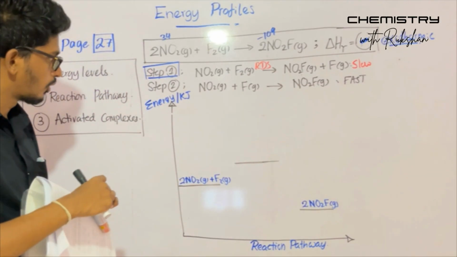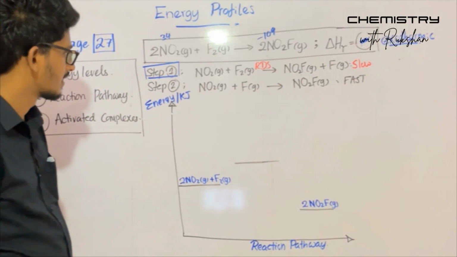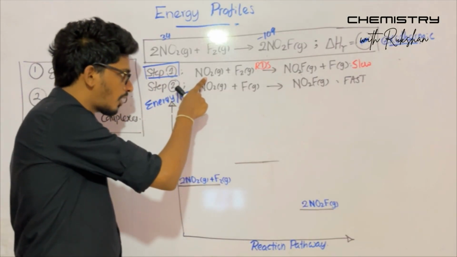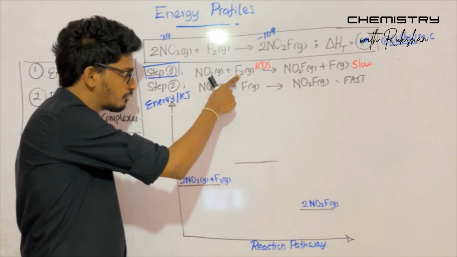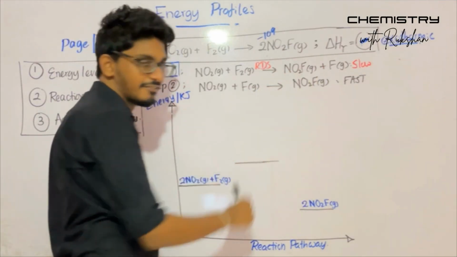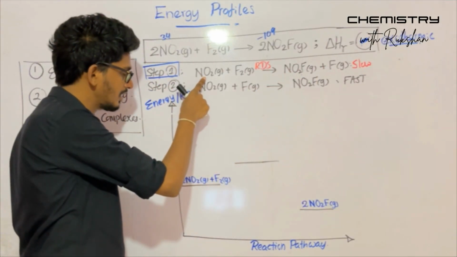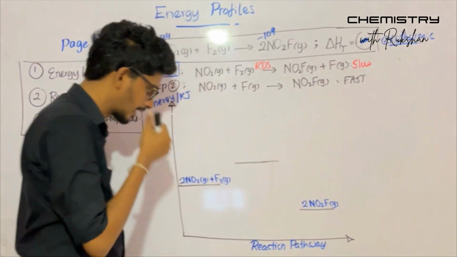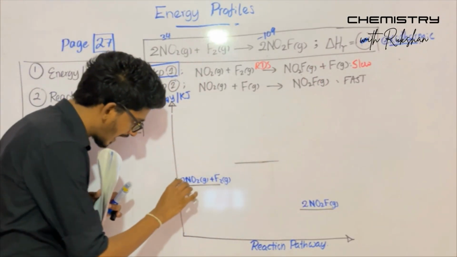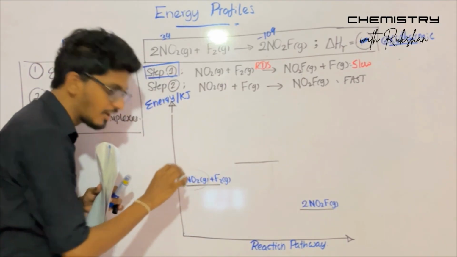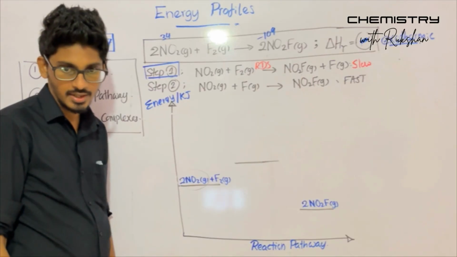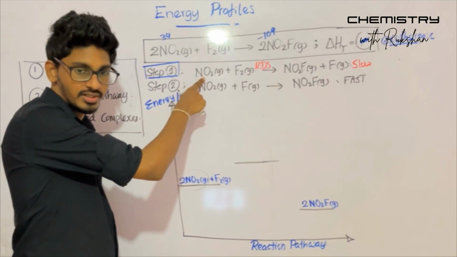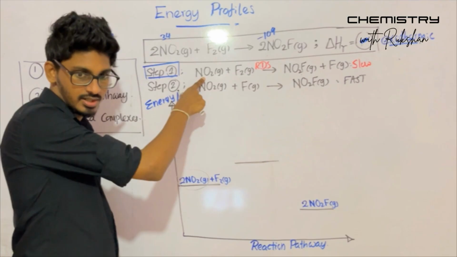So what is it saying? When you look at step 1, it says that one NO2 molecule reacts with one F2 molecule to form NO2F and F. So one NO2 molecule and one F2 molecule convert to NO2F and F. Here you have two NO2 molecules, but only one NO2 molecule is involved in the reaction at step 1.